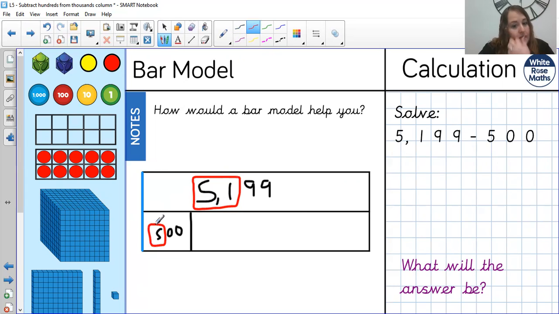So 5100s take away 5, 51 in our head, 50, 49, 48, 47, 46. So we have our 4600s, and then we need to keep the 99. So our answer would be 4,999. Hopefully you're beginning to see that pattern, and hopefully that will make things easier for today.